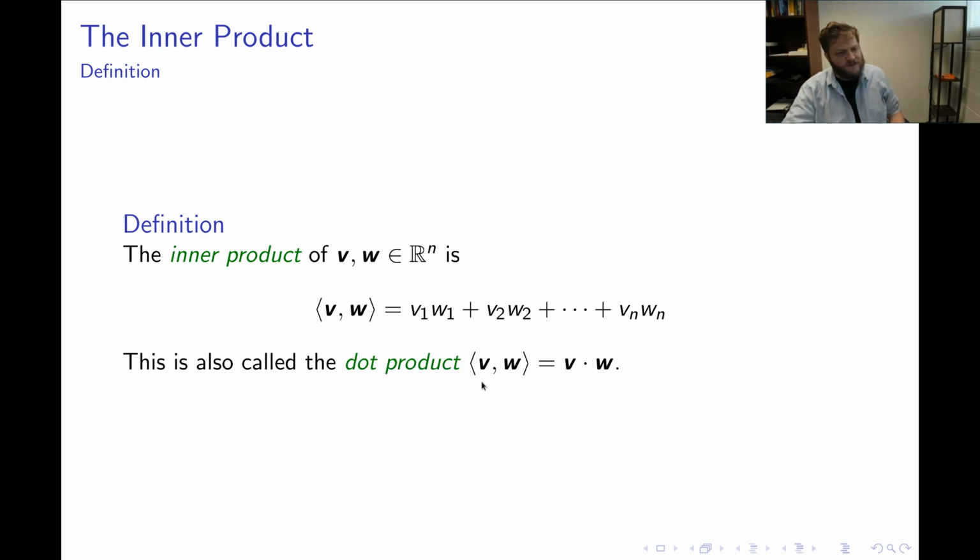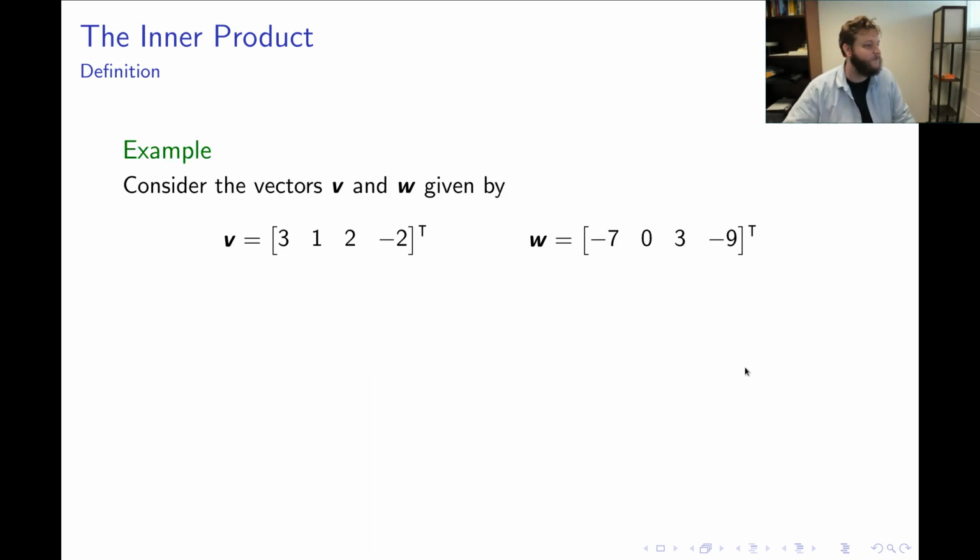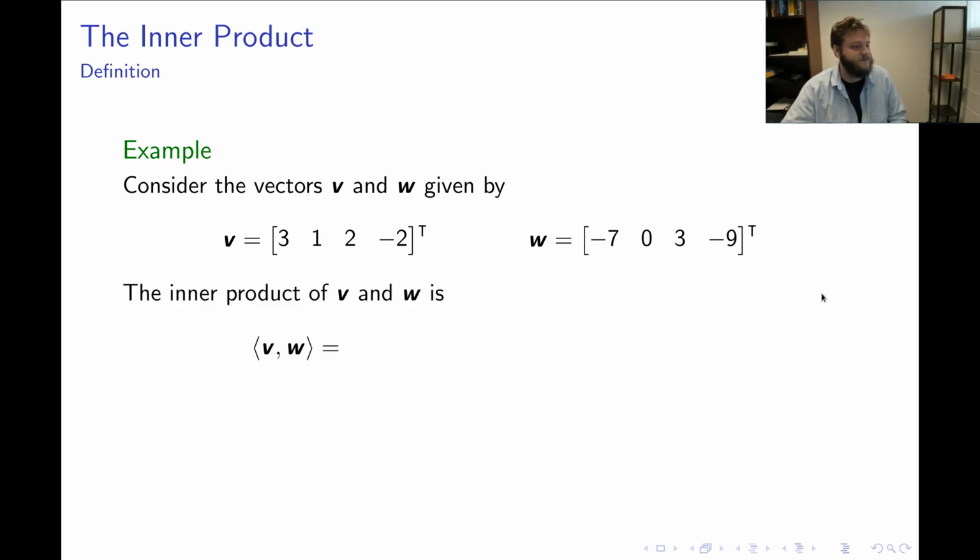People may have seen this before. Sometimes this is called the dot product of two vectors. I prefer the language and notation of inner products, but the dot product is exactly this operation. So we'll be using, and I expect you to use, the inner product notation, but this is the same thing as the dot product. So here's an example illustrating the point. Here I have two vectors, v and w. Both of these vectors are in R4, so it makes sense to take the inner product of these two vectors.